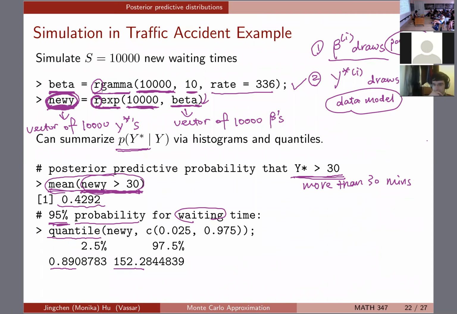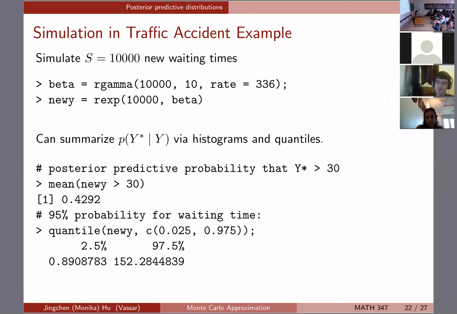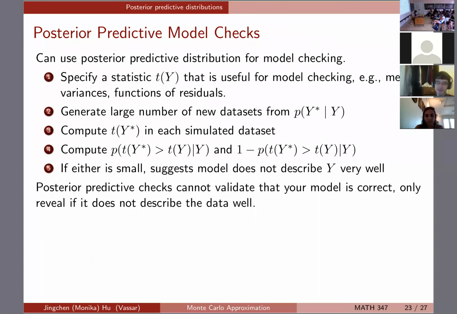So the posterior predictive is just one example, and even within it there are so many different things you can do. Here I just gave you some examples of what you should be thinking about.